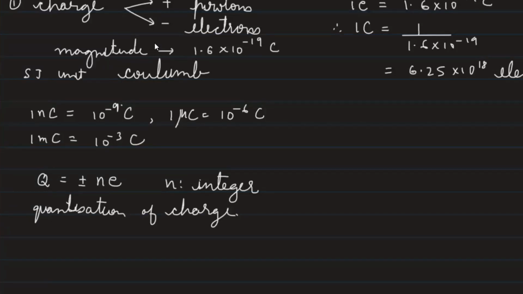You cannot have 3/4 of electronic charge. You cannot have half of electron charge. You can always have 1 electron charge or 2 electron charge or 3 electron charge and so on. So that means it is n times 1.6 into 10 to the power minus 19 coulomb. But because it is very small, we can say that we can have any amount of charge.